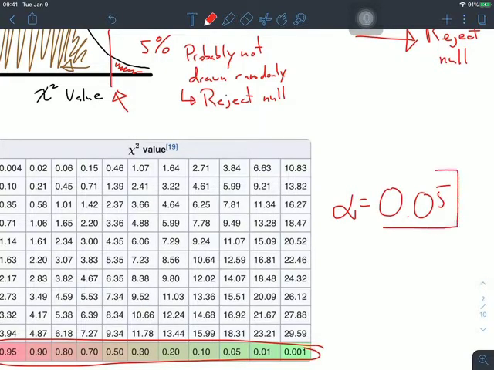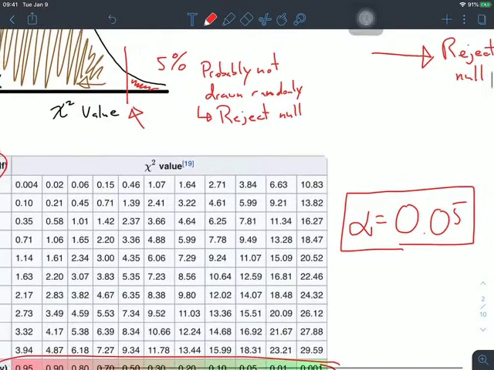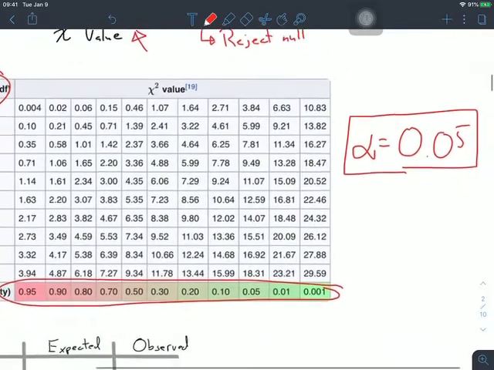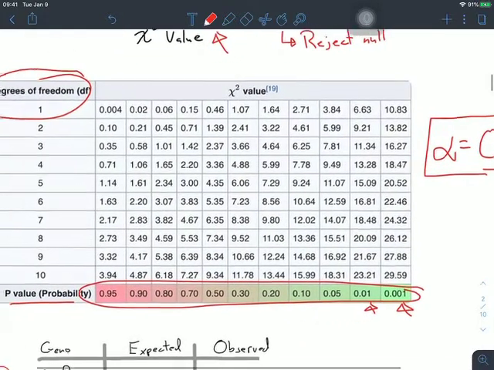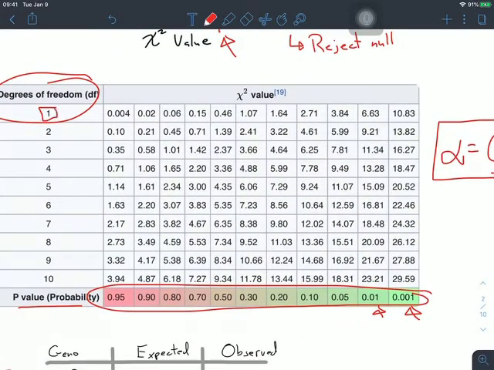That means 5% of the time the value lands far out. If you want to be a little bit more conservative, you could go with a p-value or alpha of 1% of the time or 0.1% of the time. But you will see by reading this table that if you have 1 degree of freedom and we're looking at a p-value of 0.05, our chi-squared threshold is 3.84.